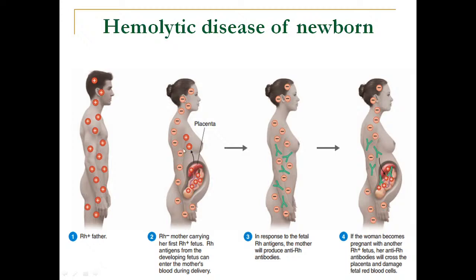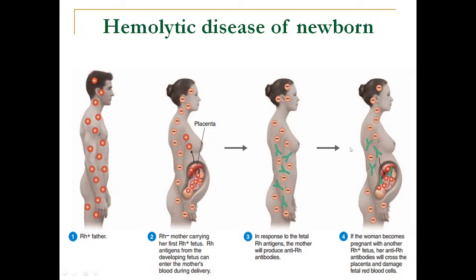So in the first pregnancy, the mother's immune system produces antibodies that circulate in the bloodstream. The first pregnancy is not accompanied by hemolytic disease of the newborn, it's just sensitization, production of antibodies.